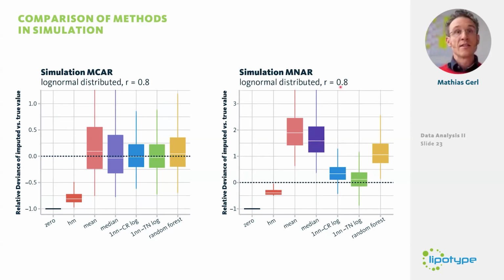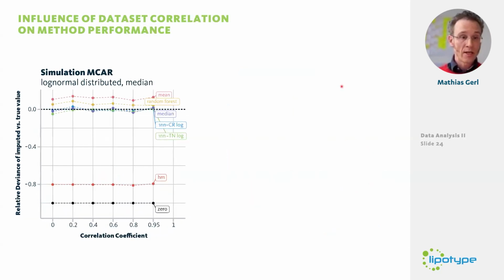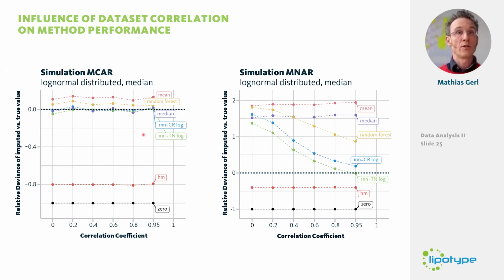As I said, this is at a correlation value of 0.8, and these things obviously depend on correlation. If you look at the missing completely at random case, there is not much dependency on the correlation. However, if you look at the missing not at random case, there is a strong effect of the correlation of the lipid that you're imputing with.